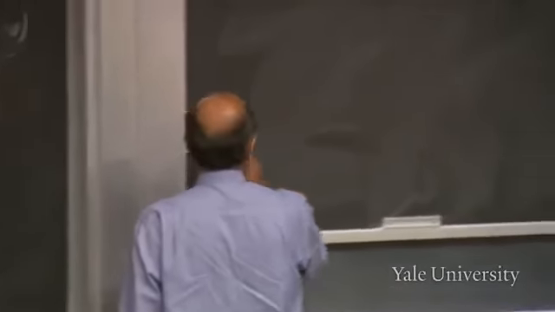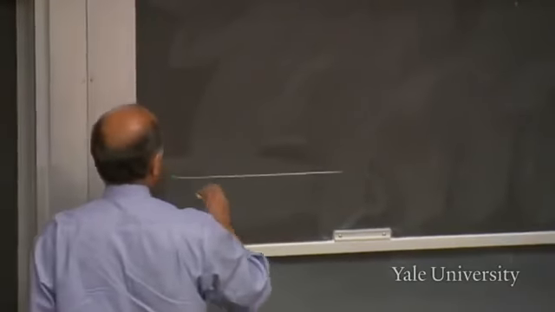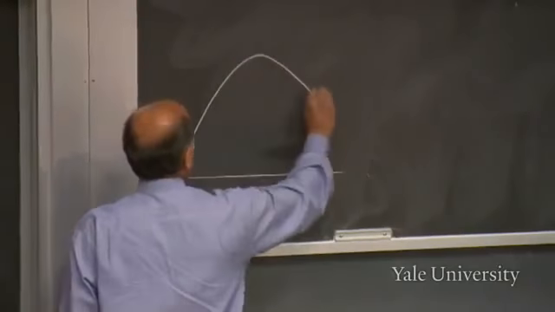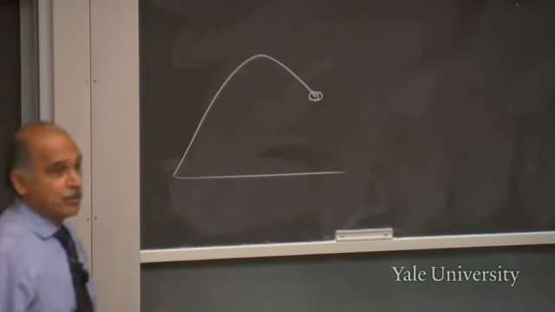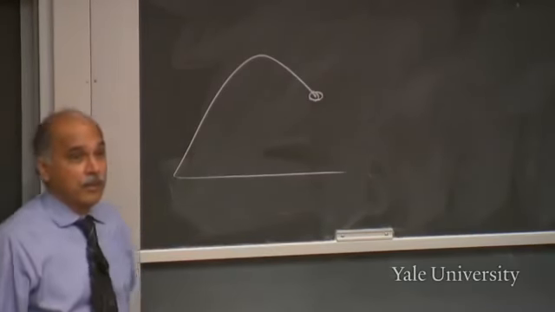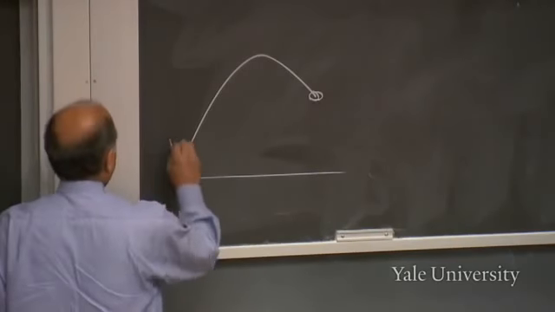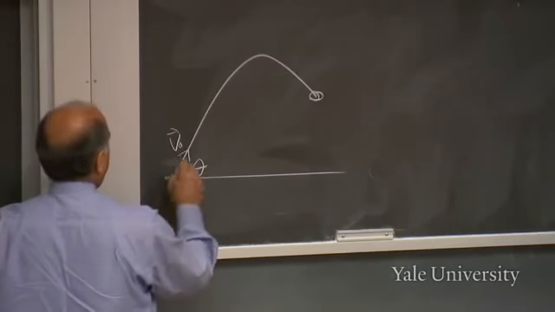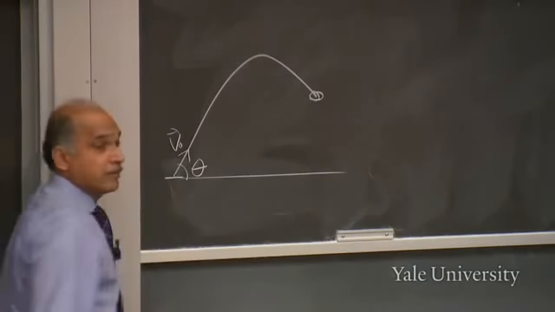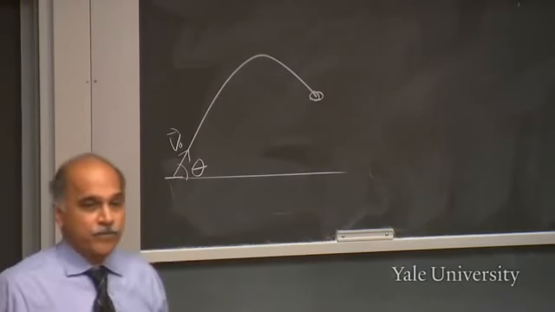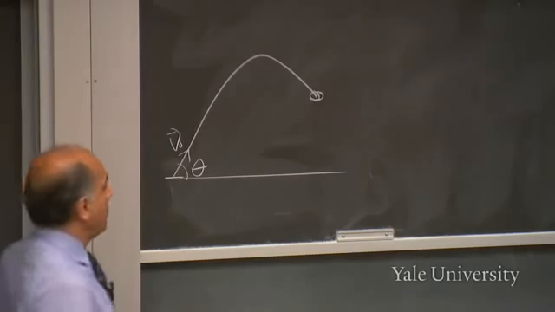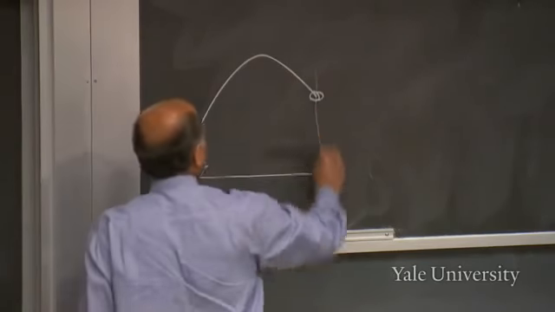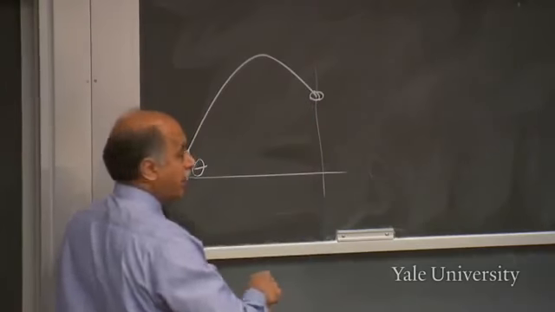Here's another variation. In my days, they would say, find out when you want an object to go through that point. And I tell you the muzzle velocity v naught, or I tell you at what angle I fire it, and I want you to find the speed so it'll land here. So how do you do that problem? You do it by saying, suppose this actually happens at some time t.